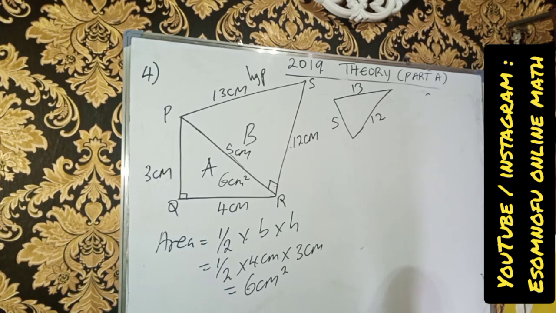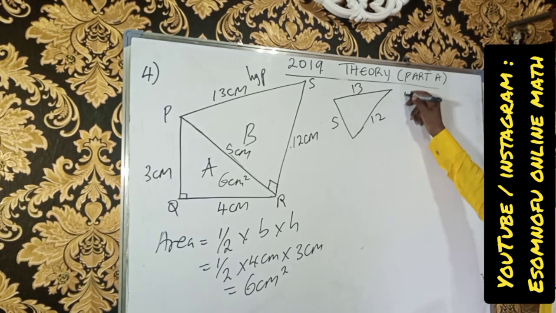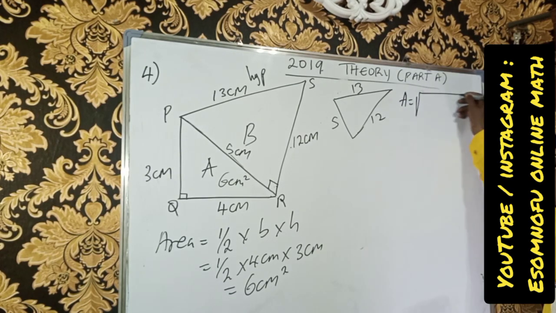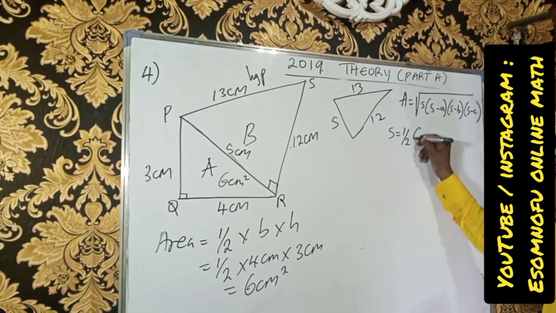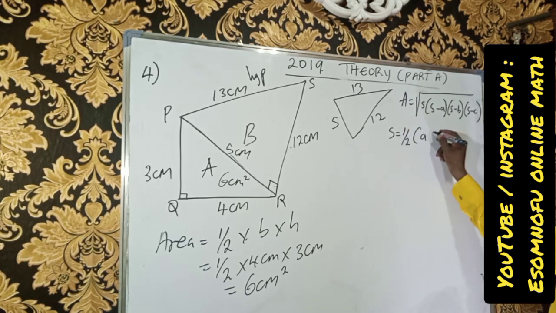So in this type of triangle, if you experience it, it is best to use Hero's formula. Hero's formula is telling us that area is equal to square root of S into S minus A into S minus B into S minus C. And what is S? S is equal to the half of the sum of sides, A plus B plus C.